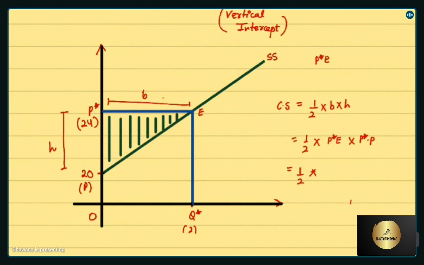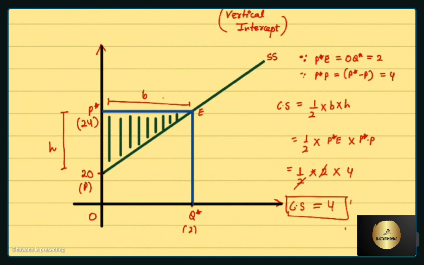Because we know P star E is equal to O Q star and O Q star is equal to 2, which is already given in your question. Okay. So this is 2 into this length P star minus P. So P star P is equal to P star minus P. So you will get 4. The 2 and 2 will cancel. You will get 4. So your producer surplus is equal to 4.